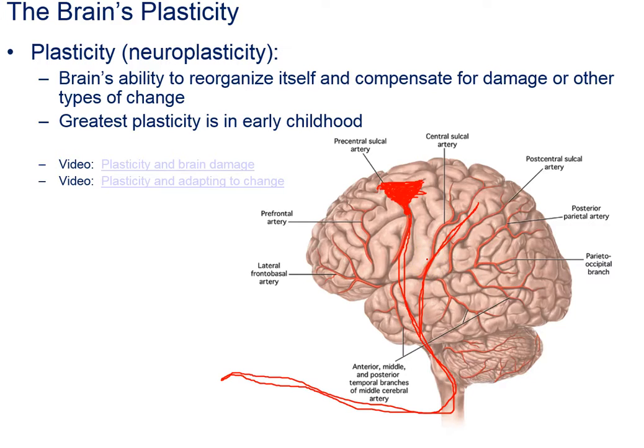And so what we believe is happening with brain plasticity is, remember, there are literally billions of neurons in the brain. And so around this damaged area, you would see a lot of healthy neurons.